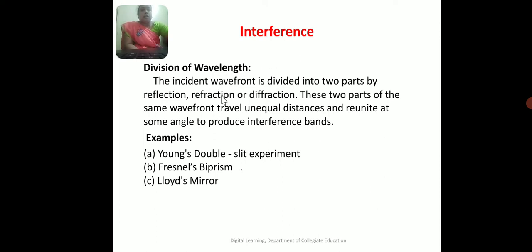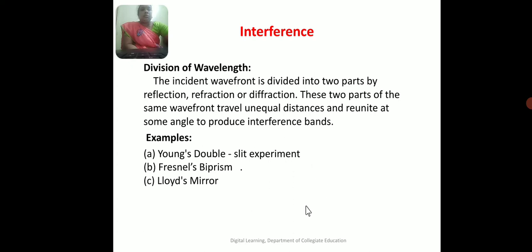In this concept, in any interference phenomenon, first we use a source, next two slits and a screen. The source emits light rays in all directions, and these light rays emerge from the slits S1 and S2.